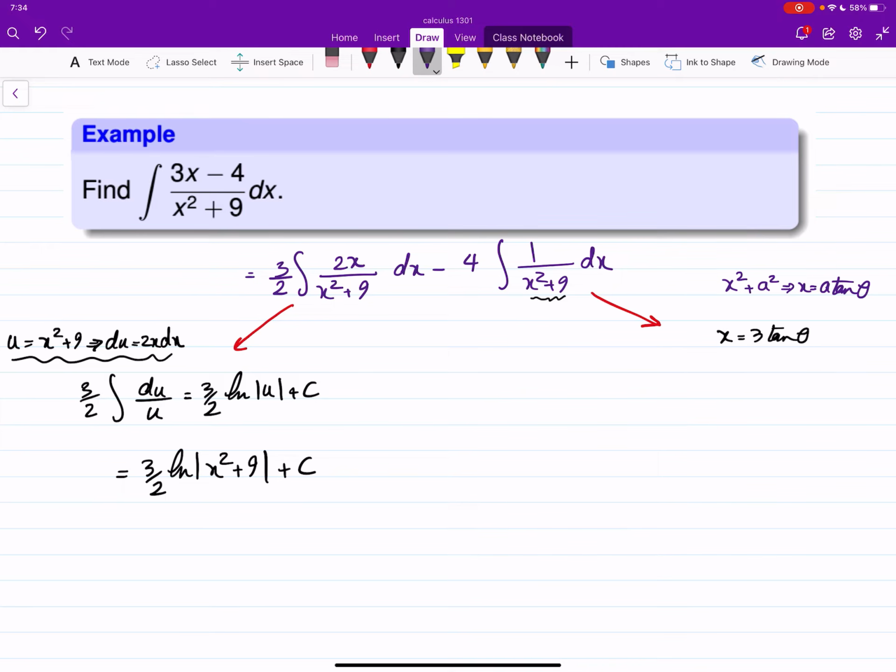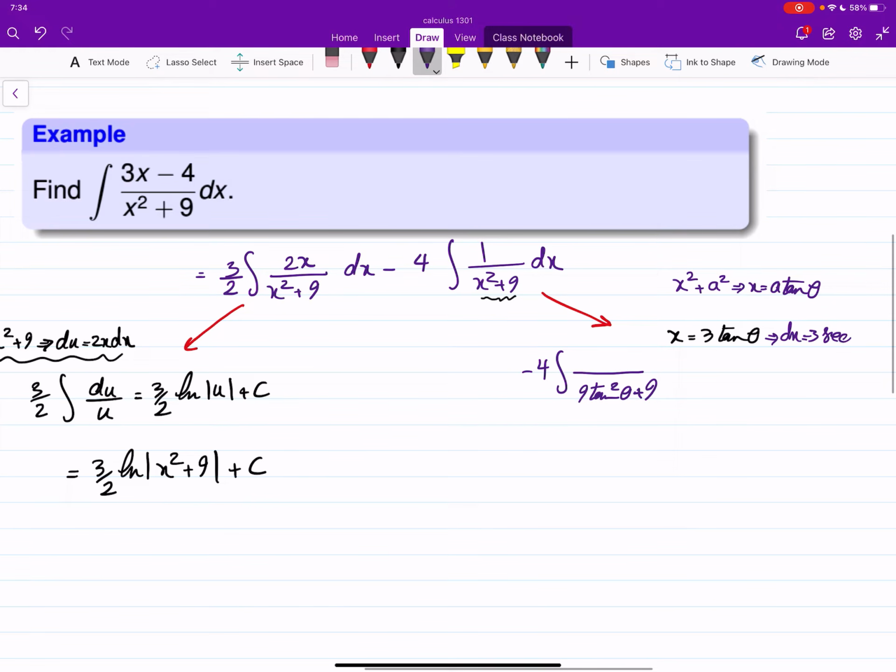Okay, so I will get -4 integral of 9 tan squared theta plus 9. dx here is going to be 3 secant squared theta d theta. Let me take out all the constants. The constants will give me -4 over 3 integral of secant squared theta over tan squared theta plus 1 d theta.